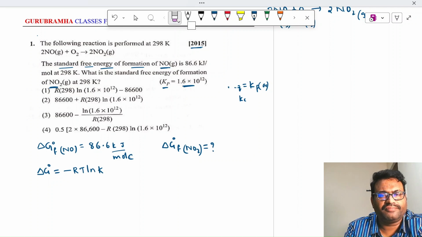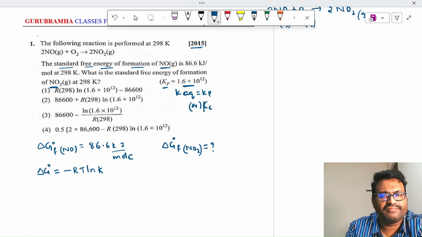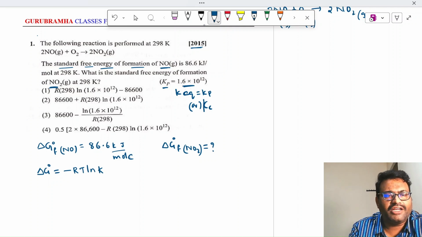So we have the formula delta G naught is equal to minus RT log K. Here the equilibrium constant is given as the pressure equilibrium constant, so I can write it as minus RT natural log Kp.